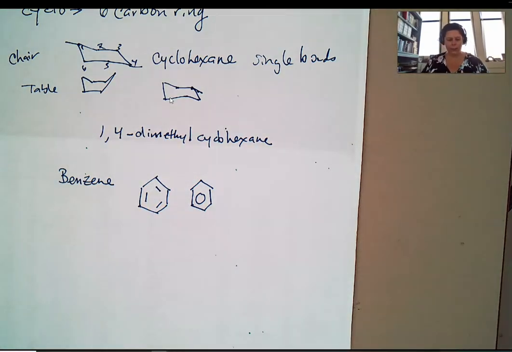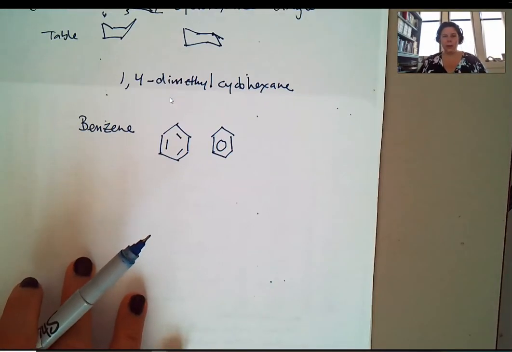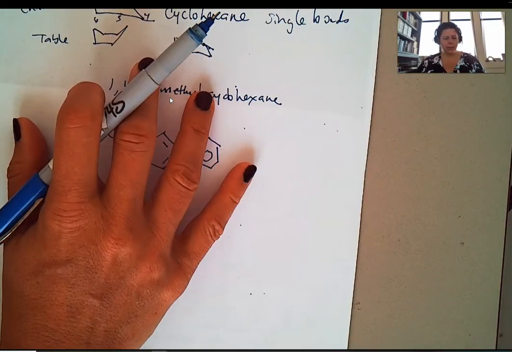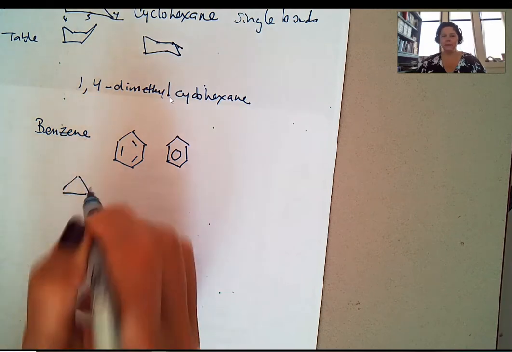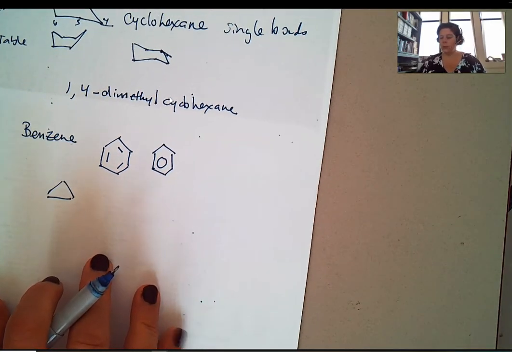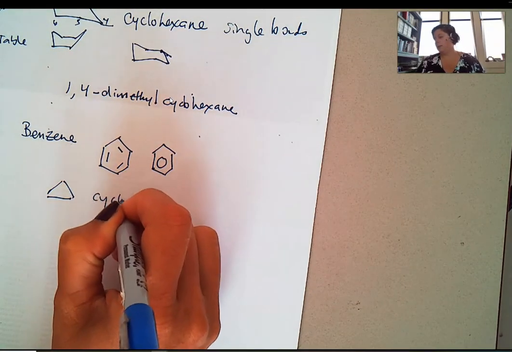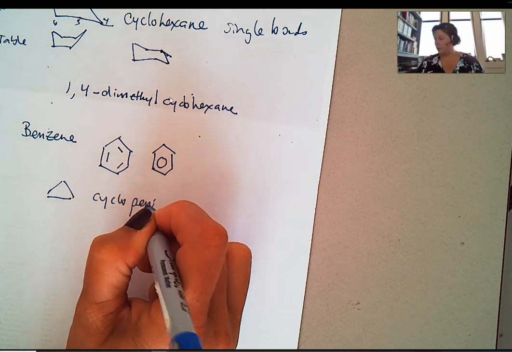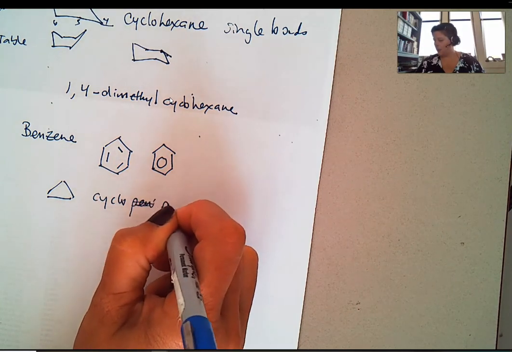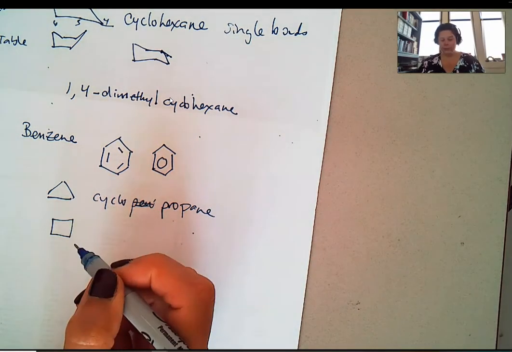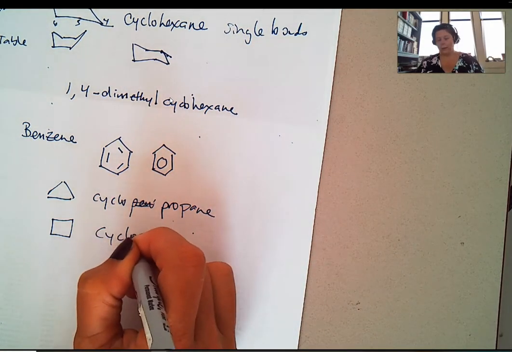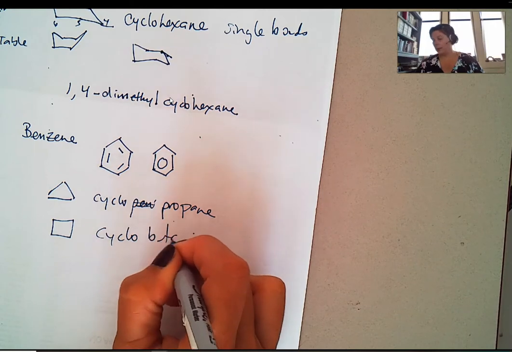So going back to the cyclo compounds, if you have something like this, there's 3 carbons, so this would be cyclopropane. If you have a square, that's cyclobutane.